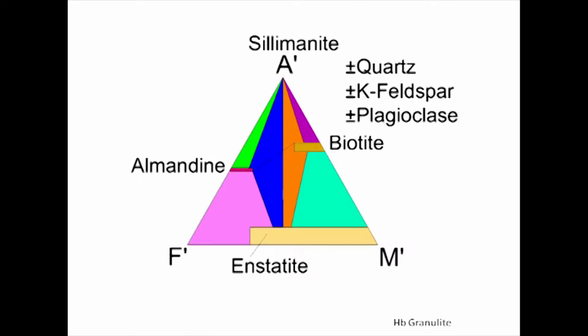This is commonly called A'-F'-M' diagram projection, in which case points of minerals and rocks that are situated within the K2O Al2O3 FeO MgO tetrahedron are projected on the Al2O3 FeO MgO plane by using potash feldspar as the point of projection.